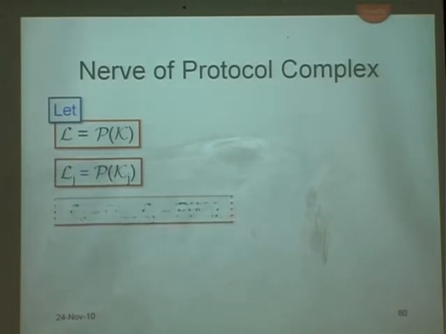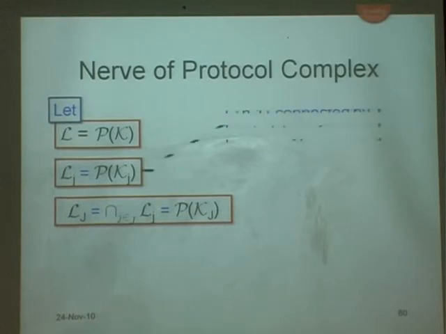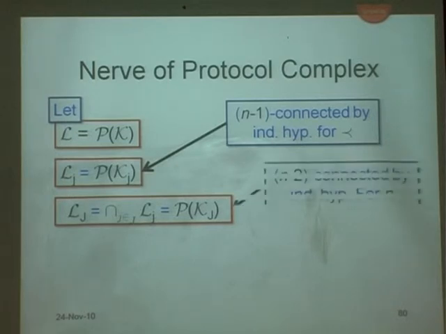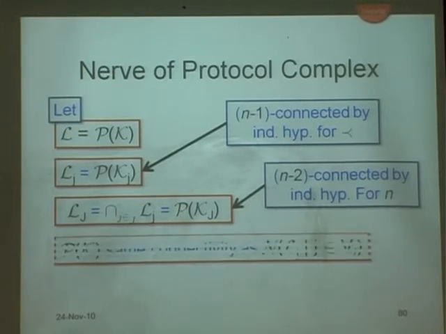So using the same kind of notation that we did before, where you apply the protocol complex to something, it turns K's into L's and preserves the subscripts. So we know that this is n-1 connected by the induction hypothesis for the partial order. This is n-2 connected by the induction hypothesis for n.